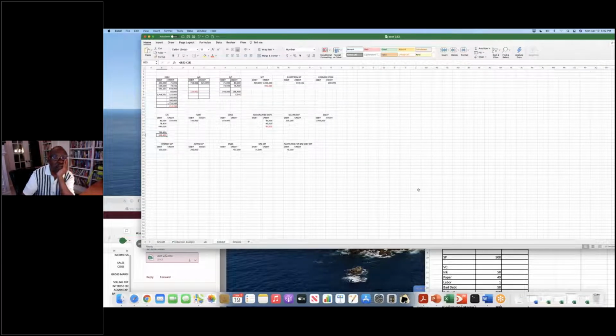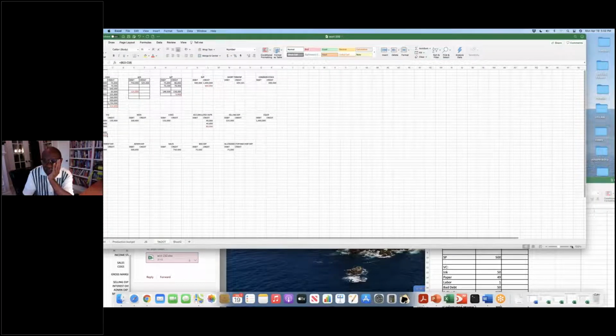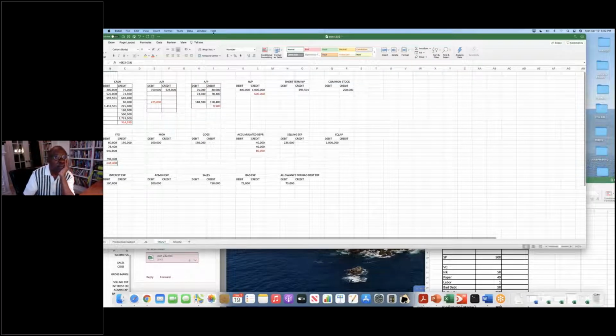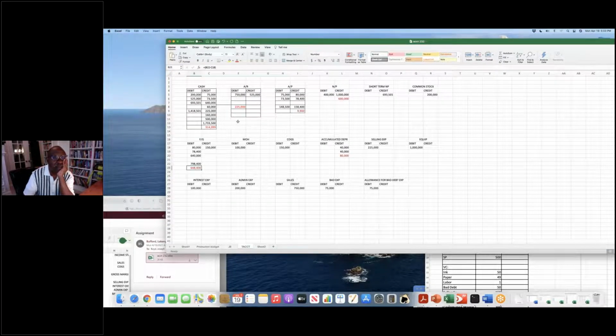So if you go to the cash part and you change that 640,000 to 1595 and you change that 693,501 to 470,096, then you'll see how I got that.